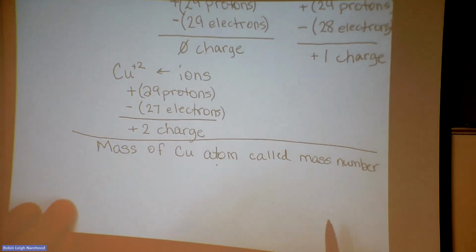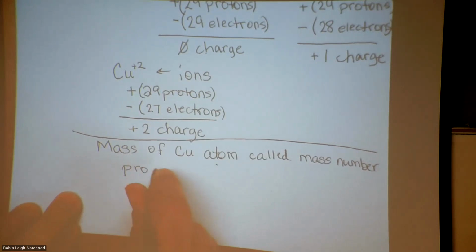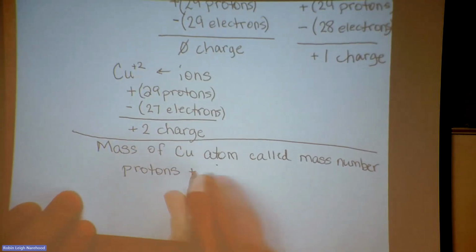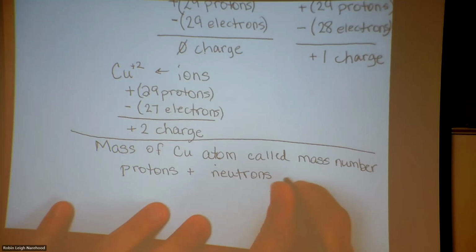Okay, to find the mass number, we take our protons and we add them to our neutrons. And that gives us our mass number.